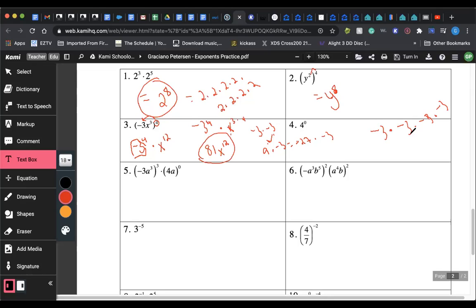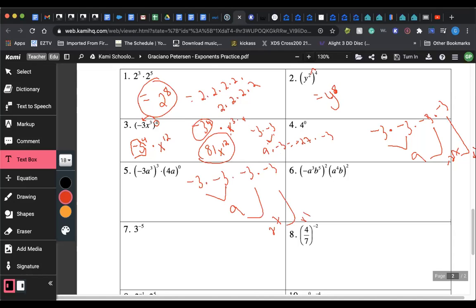It should just be one. When we're doing it in order, you get your 9 here, and then 9 times -3 is -27, and then -27 times -3 gives you the 81. You only did three; you have to do one more. You have four -3's: -3 times -3 times -3 times -3. I'm getting it now, 81.